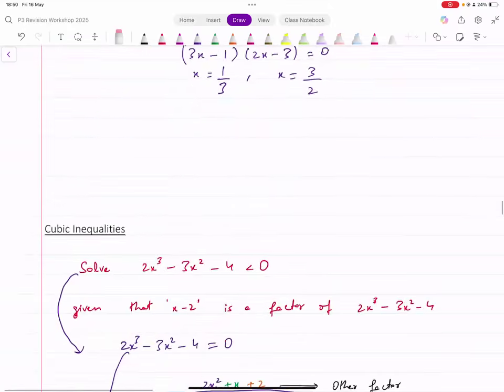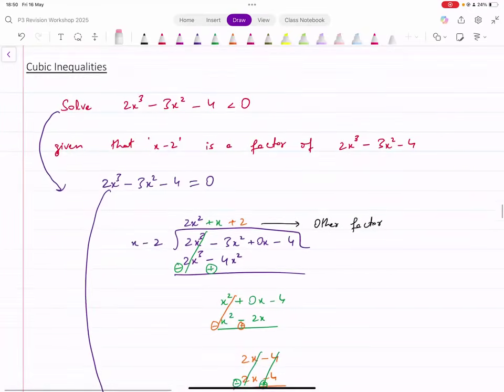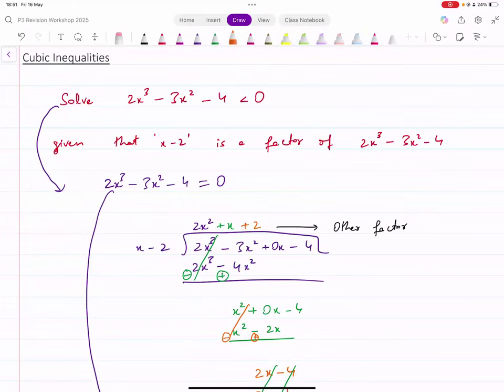Okay, let's move on. Now, cubic inequalities. So let's say you've got this inequality that you want to solve, and you're given one factor, x minus 2, of this polynomial, 2x cubed minus 3x squared minus 4. Now, how do we solve this inequality? What we do is we first of all treat this as an equation, just like we used to do in modulus inequalities.